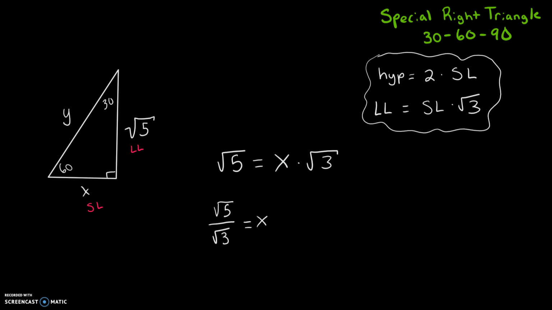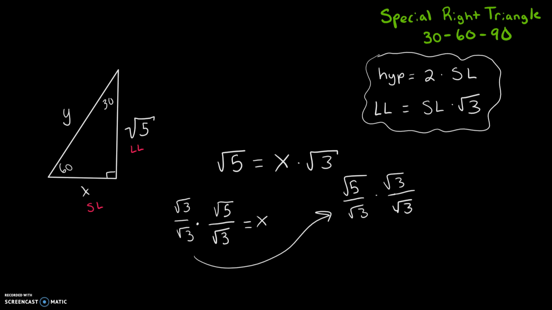Now we do not like square roots in the denominator, so we have to multiply by the square root of 3 over the square root of 3. Square root of 5 over square root of 3 times the square root of 3 over the square root of 3. And so, a little thing that I told you a while back is that if we have the square root of some number, say a, times the square root of another number, b, it will equal the square root of a times b.